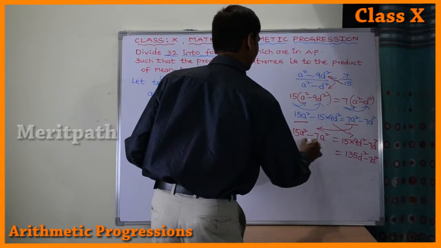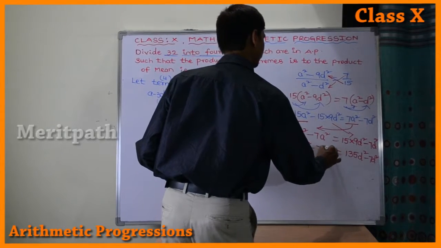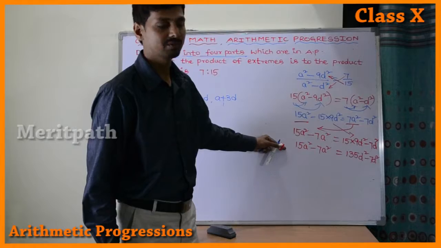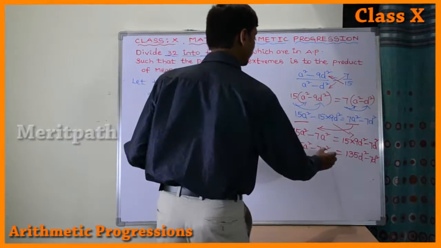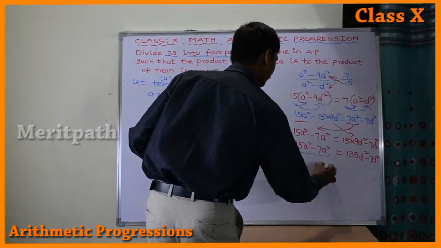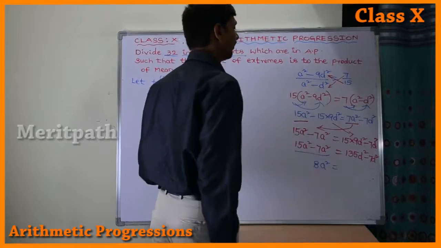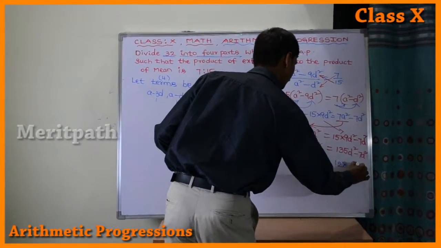Here 15a square minus 7a square. This is the same step we have written. When we subtract these two terms, because these are like terms, we will be getting 8a square equals, when we subtract these two terms, 128d square.